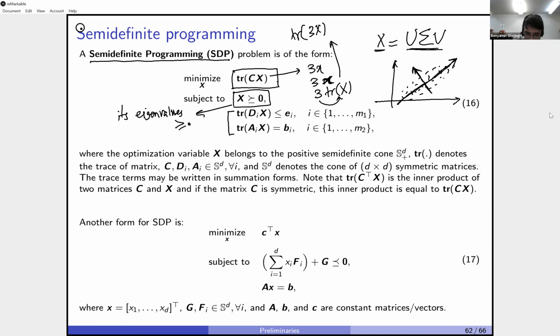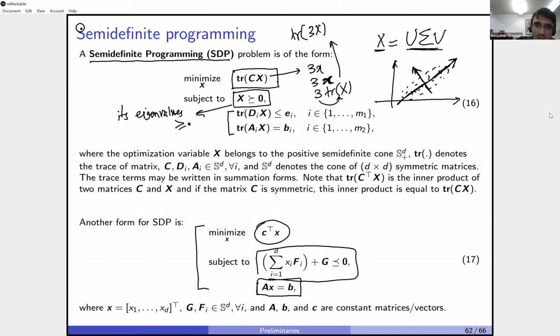You can also write it in this way. Two ways to say the same thing. All of these together are called semi-definite programming.